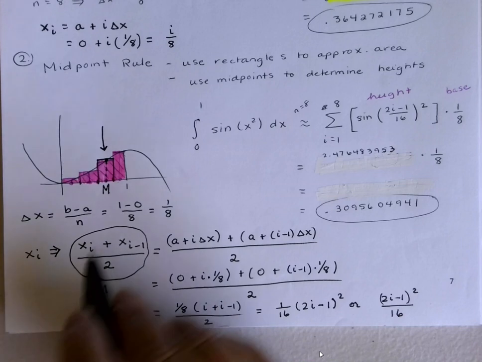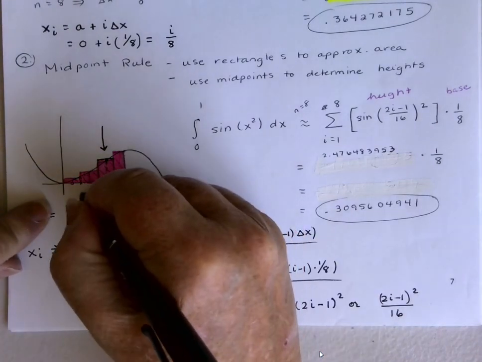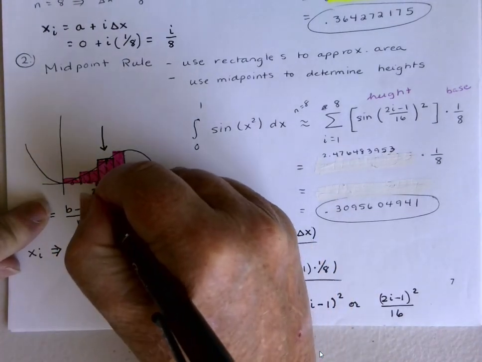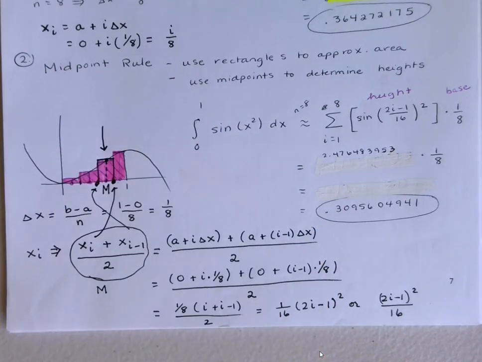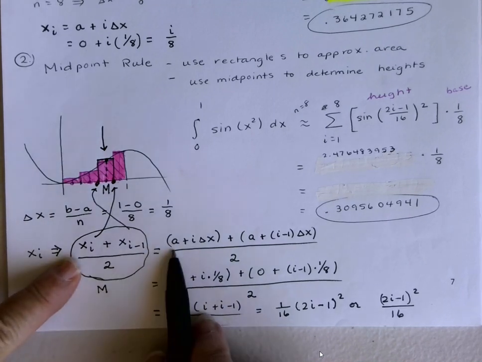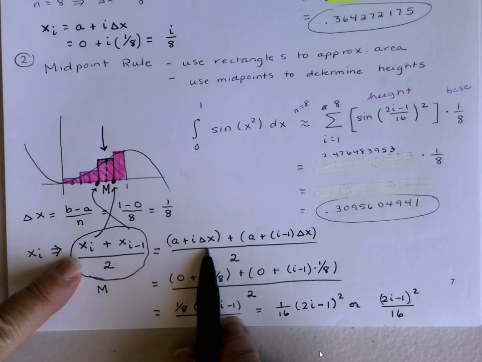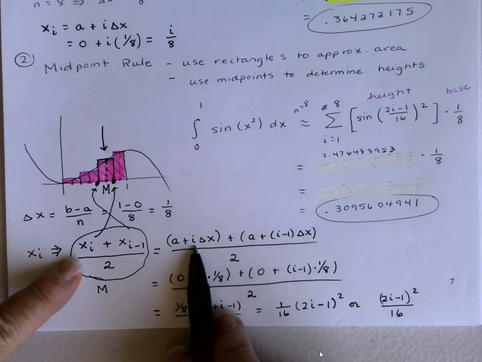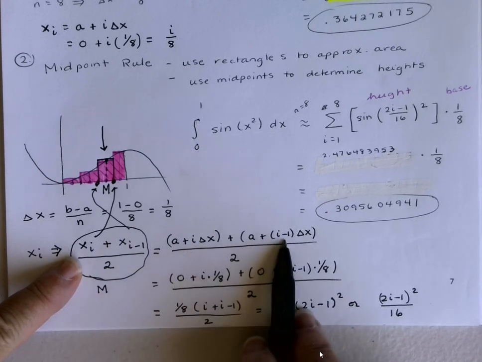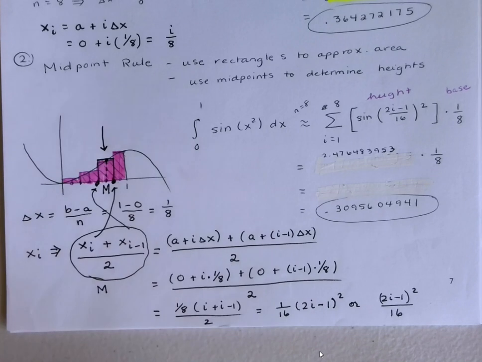In other words, I'm taking the average of this endpoint and that endpoint, and that's what gives me the midpoint. I know the right endpoint: that was a plus i delta x, just like last time. And then here's the left endpoint. Notice I just put in an i minus 1.